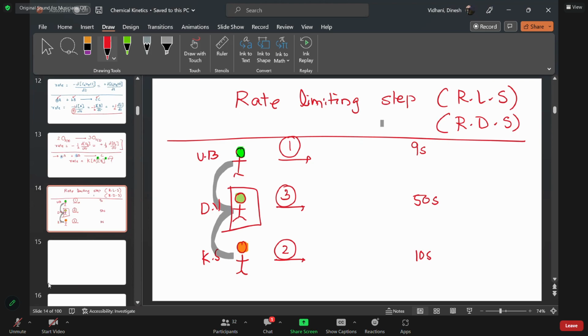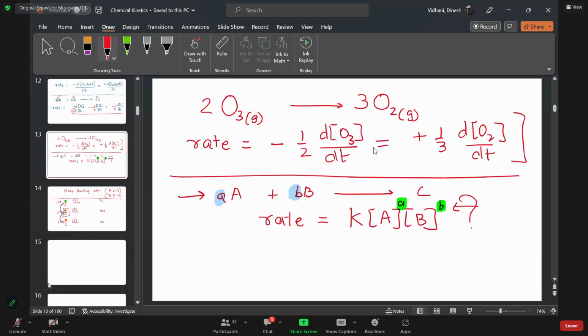Think about the reaction in the same way. Although we are writing the equation like this, that's the final step: initial reactant, and then we have the final product. But in the mechanism, we don't know what is going on. It may be 2 steps, it may be 4 steps involved in a particular reaction.